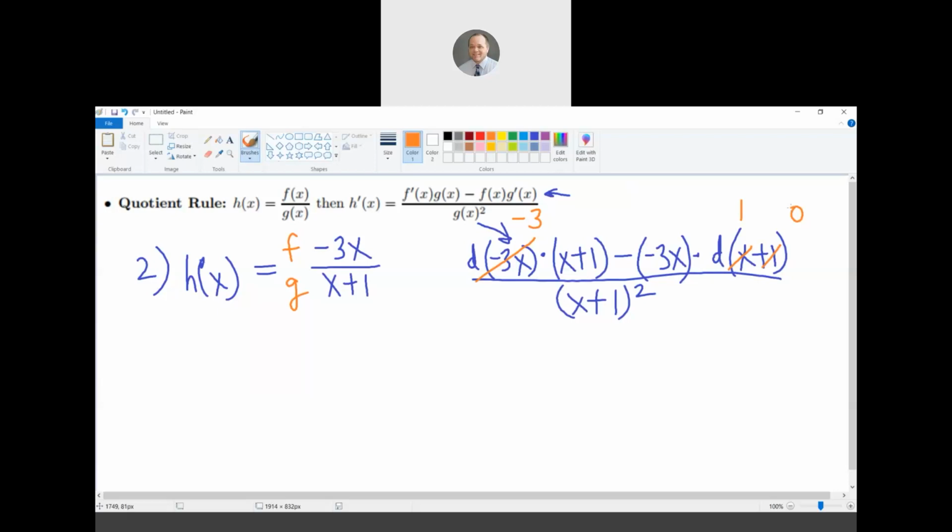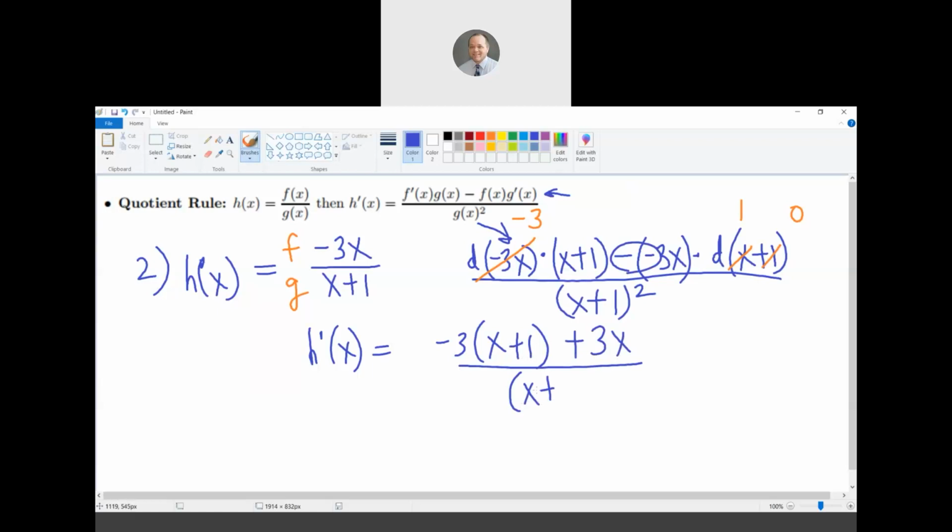Now let's get everything put together. Up top, we have negative 3 times x plus 1. The double negatives change to a positive 3x, all over x plus 1 quantity squared.